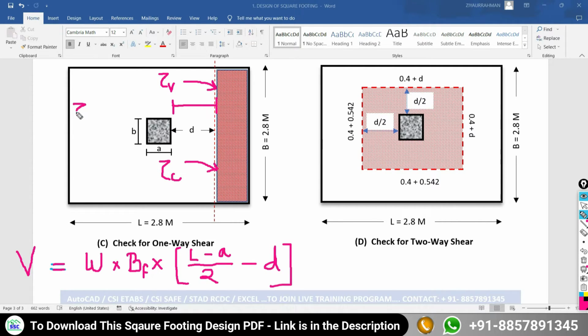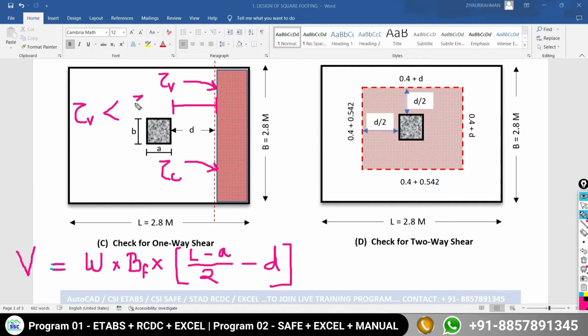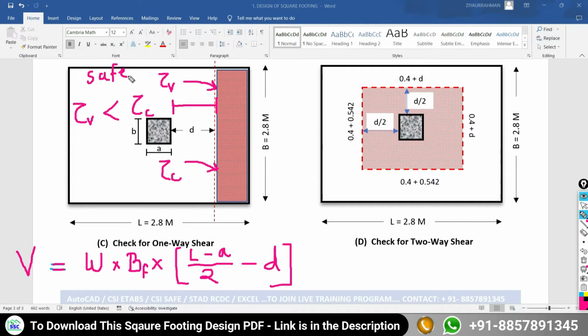So if the shear that is going to be developed at this critical section, that we are calling nominal shear, is less than the actual capacity at this critical section, that we are going to represent by tau c, so we are going to say safe. Our provided depth is safe, our provided percentage of reinforcement is safe.